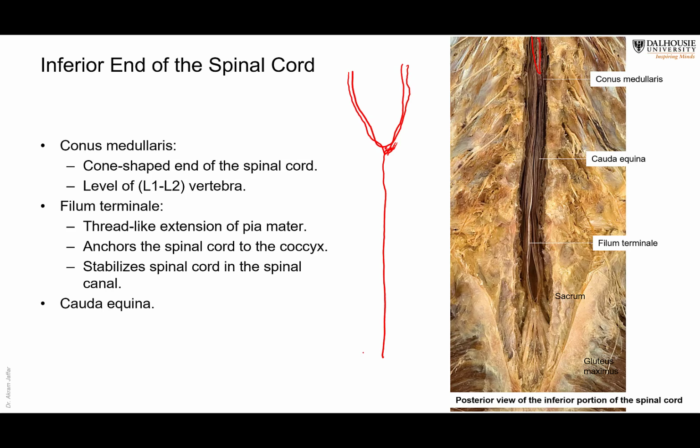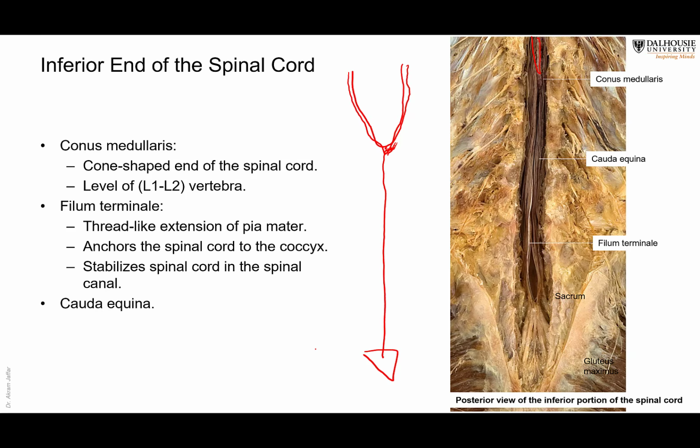And this filum terminale is attached to the coccyx, and it is another support, another anchor for the spinal cord. Remember, we have lateral anchors, which are represented by the denticulate ligament of pia mater. This one, the filum terminale, looks like a nerve, but it's not a nerve, it's a thread of connective tissue that anchors the spinal cord and connects it to the coccyx.